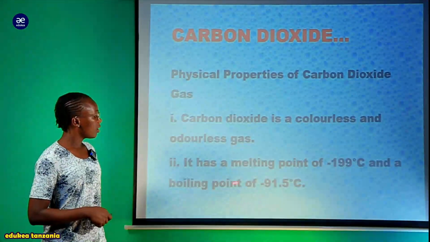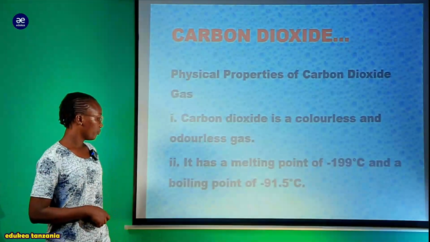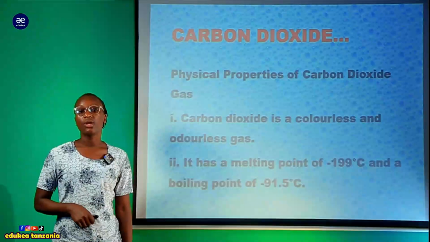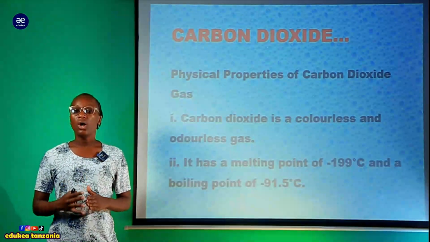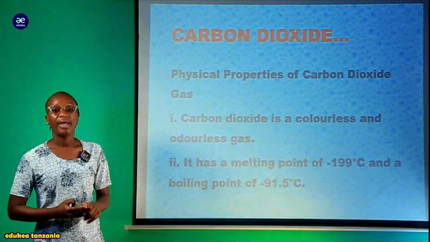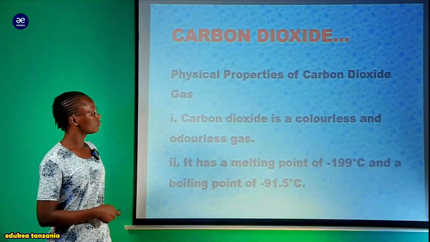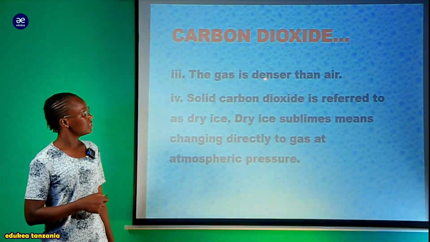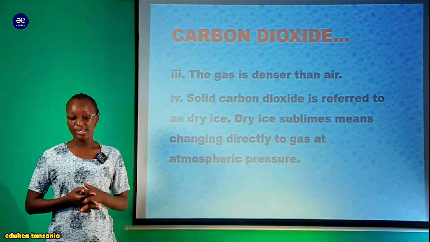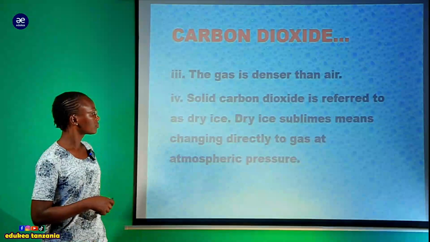As you can see here, the melting point is -199 degrees and the boiling point is -91.5 degrees. Another, the gas is denser than air. This simply means that carbon dioxide is denser than air.